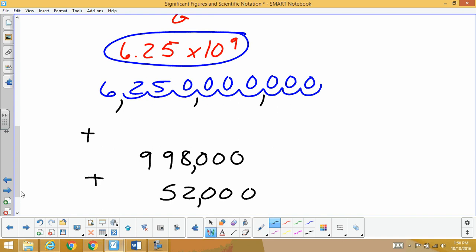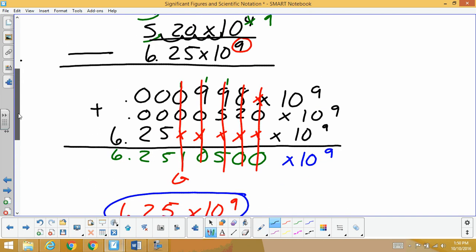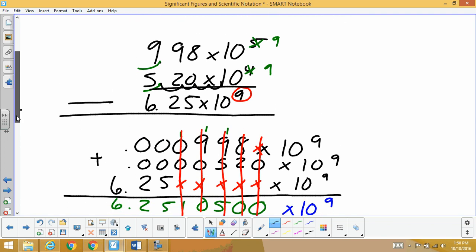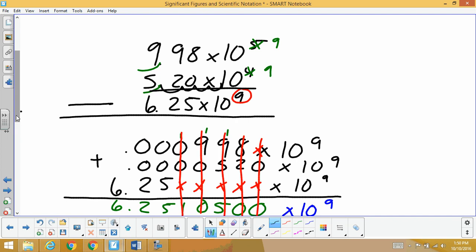So actually looking at the full numbers, we're adding 6,250,000,000 to less than a million, and then just 50,000. So this number is so large that adding these two is insignificant. That's the key thing. We have to make sure that these exponents are all the same. If not, we're not really adding true numbers. We're just adding 3-digit numbers with some exponents.